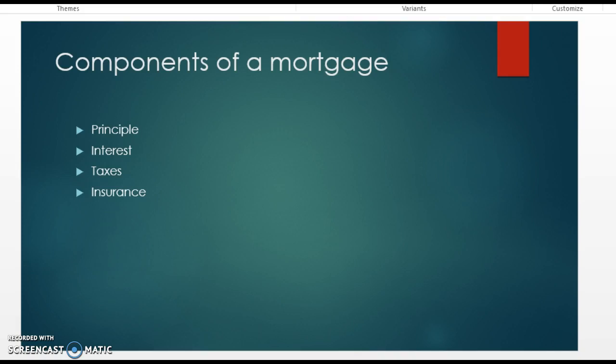All of that is going to factor heavily into your interest payment, and your interest payment is going to have a heavy effect on how much your final payment ends up being for the mortgage. So you've got your principal and you've got your interest.